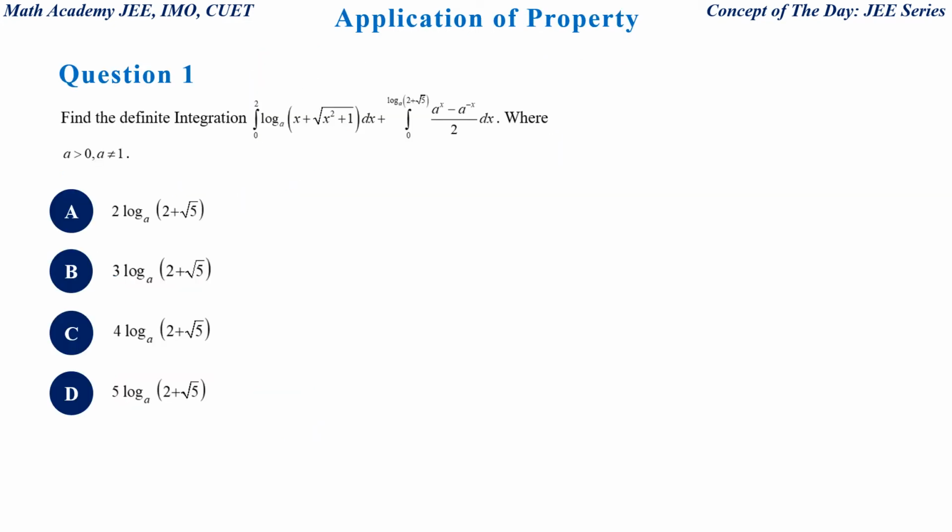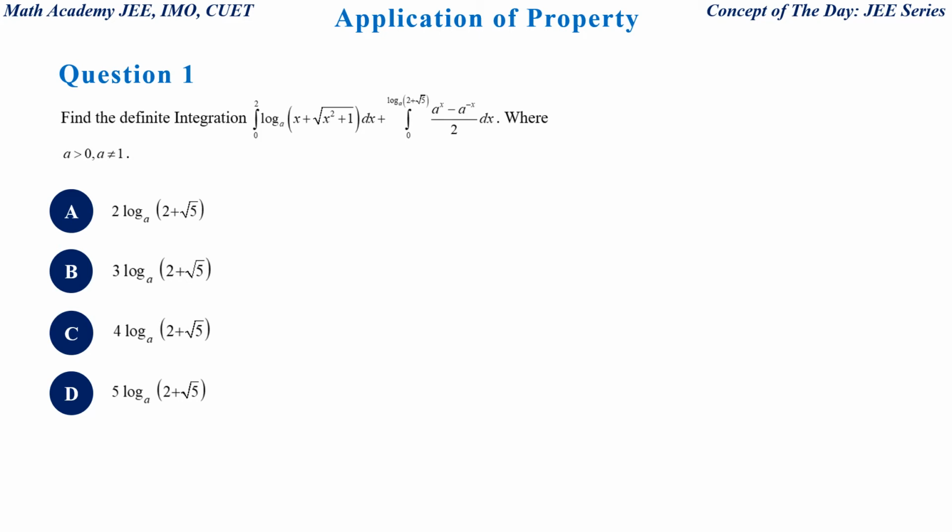Based on this property, let's try to solve two basic problems. Before starting, I would like to inform you that if you try to solve these problems without using this property, it might be difficult to find the final answer, but using this property will be very helpful.